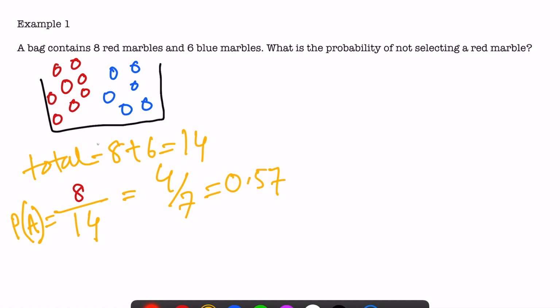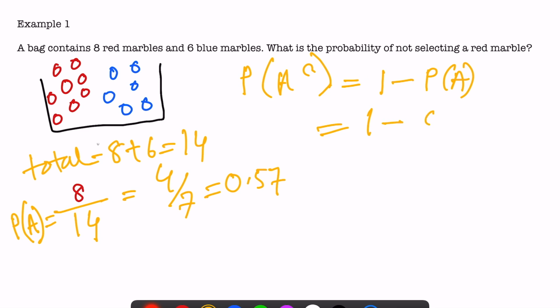But the question asked was the probability of not selecting a red marble. So that will be probability of A complement, which is 1 minus probability of A, that is 1 minus 0.57, that is 0.43. So we'll see it in a different way.